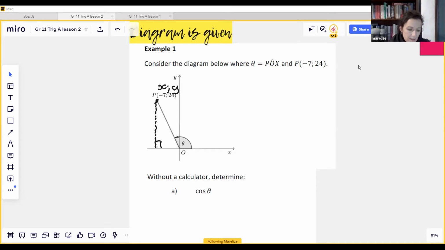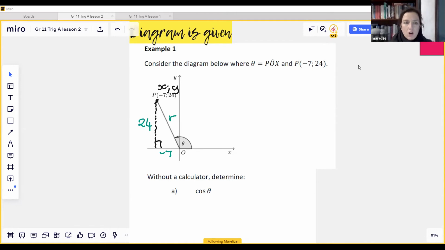So already I can fill in on my sketch that this is going to be -7 and this is going to be 24. Now, if you remember from Tuesday's lesson, we also talked about the x and the y and the r. So r is my hypotenuse side when I am working on the Cartesian plane.